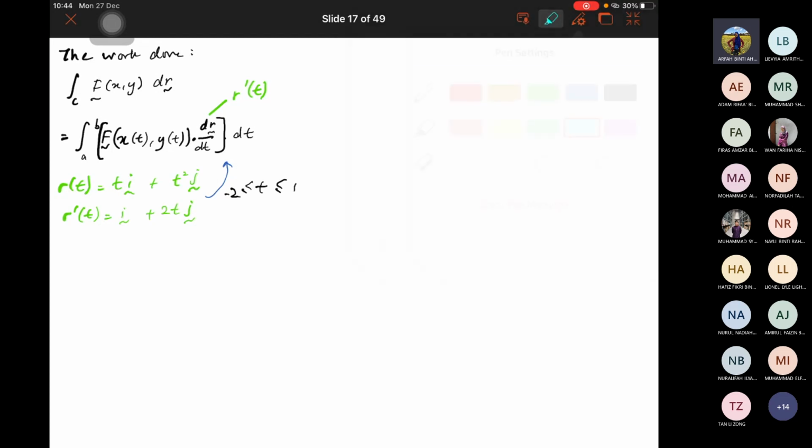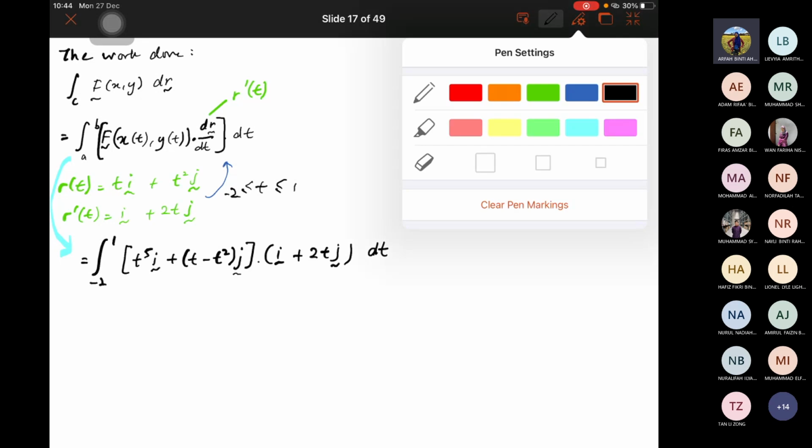So it will become integration from negatif 2 kepada 1 t kuasa 5 i plus t minus t squared j dot product dengan i tambah 2t j didarabkan dengan dt.